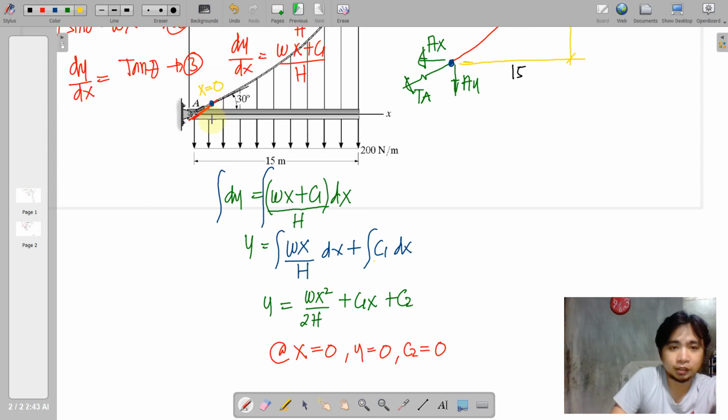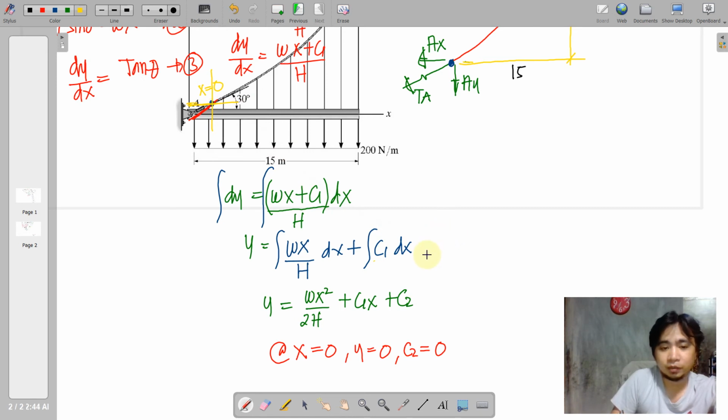So at x is equal to 0, we have no value for y, okay? Because this is the initial point. So let our axis be this point, okay? However, in this particular axis, there is slope equivalent to 30 degrees.